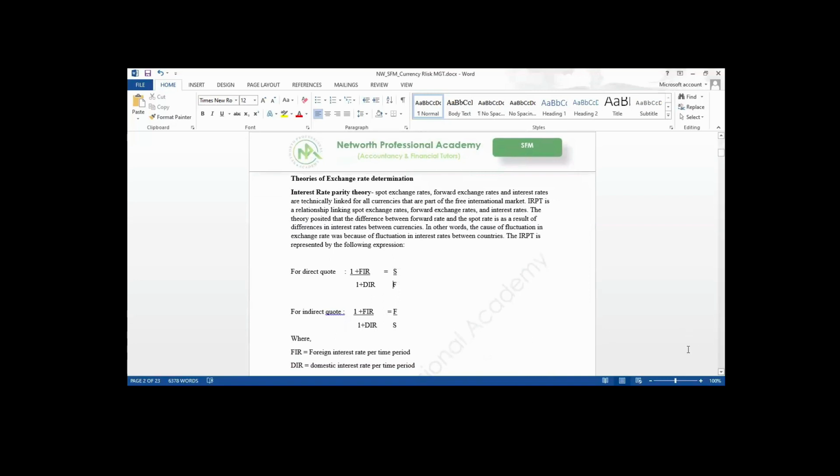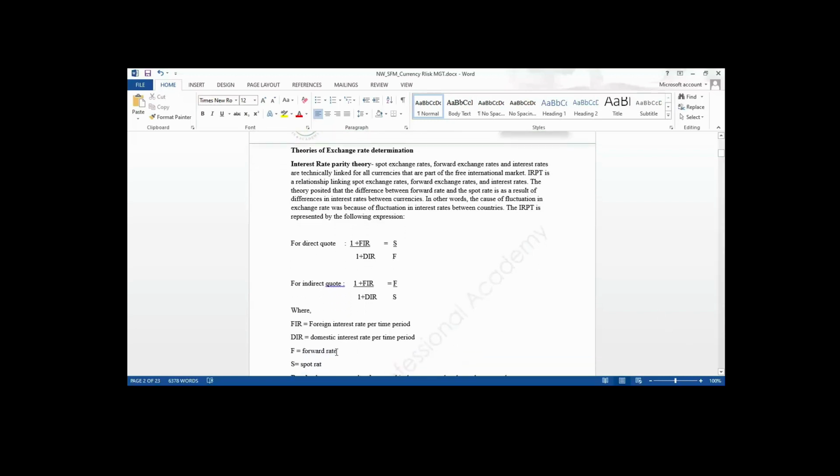Now, what are these variables? 1 plus foreign interest rates, FIR, foreign interest rate per time period. DIR, domestic interest rate per time period. Your capital letter F, forward rates.